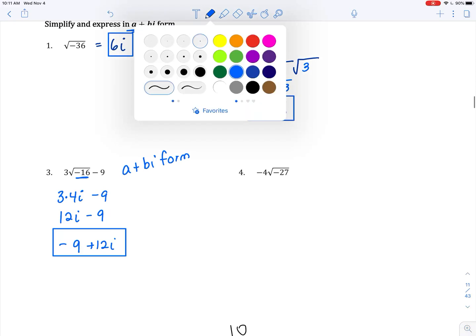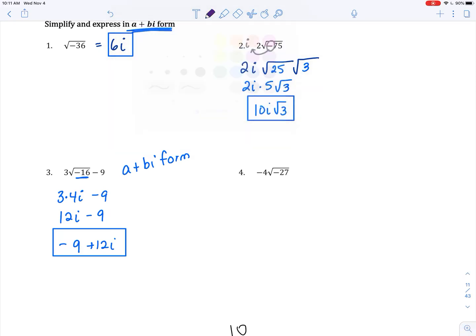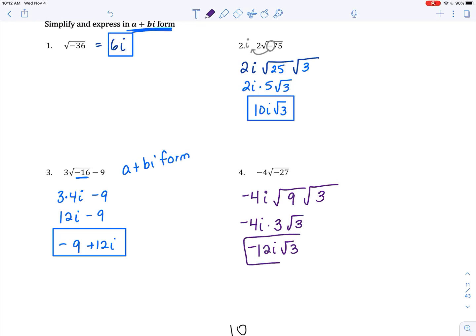So for number 4, you're going to leave your -4. The negative under the radical is going to pull an i out there, and then you just break down 27. So you have -4i multiplied by 3 square root of 3. So it's -12i root 3. Since it's a monomial, you don't have to worry about a plus bi form, but you might say, well, why can't I just write it like this? You can.